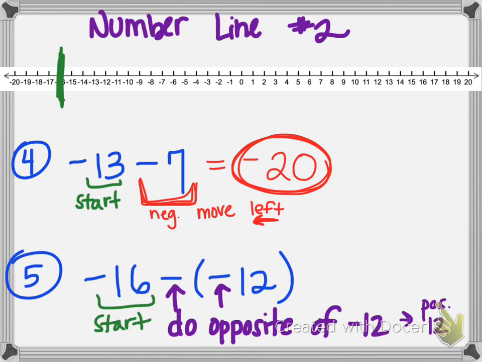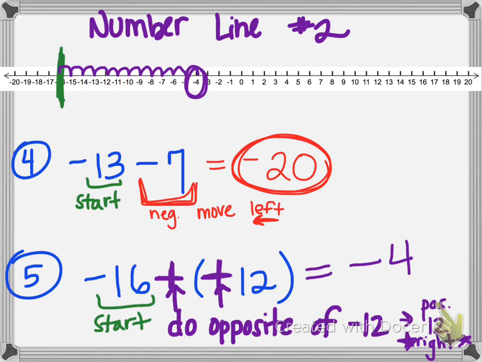And on the number line, positive 12 is moving to the right. So minus a negative, once again, I do the opposite of a negative, which is a positive. So let's move positive 12, 1, 2, 3, 4, 5, 6, 7, 8, 9, 10, 11, 12. Therefore, my final answer is negative 4. Negative 16 minus a negative 12 is negative 4.